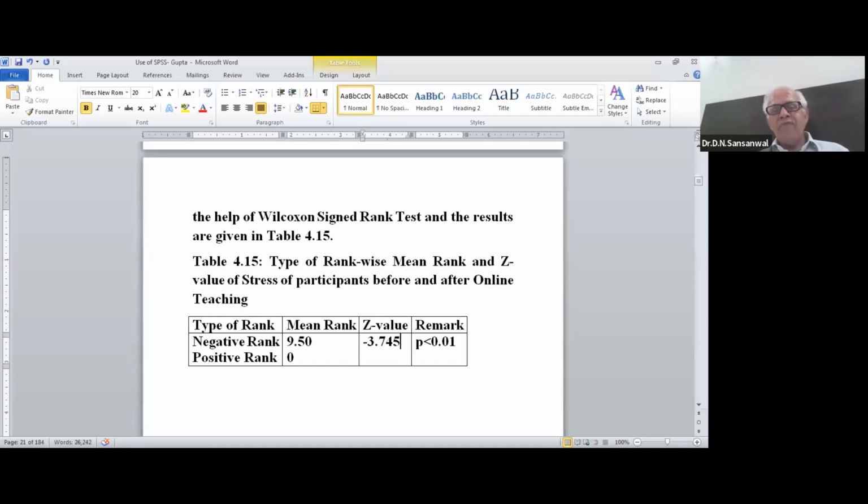Can any one of you tell me what it means? What can be the finding here?